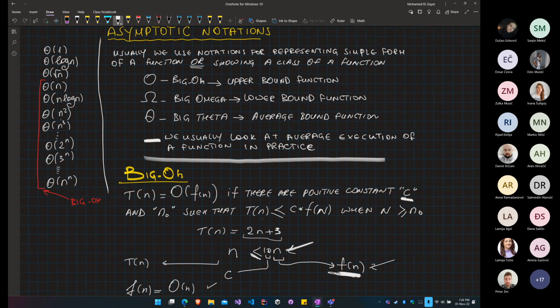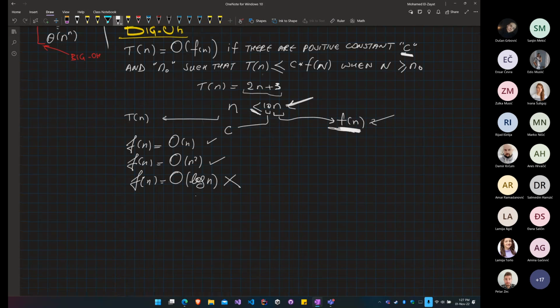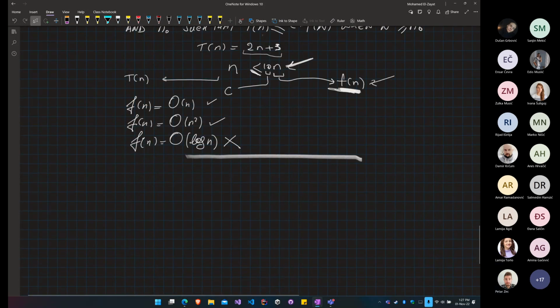Big O of log n is impossible, because by definition, the asymptotic notation does not cover that. Polynomial order of log n, yes, but not big O. And we're going to see the actual definition in a minute. Does this make any sense? People? Yes, yes. Okay.